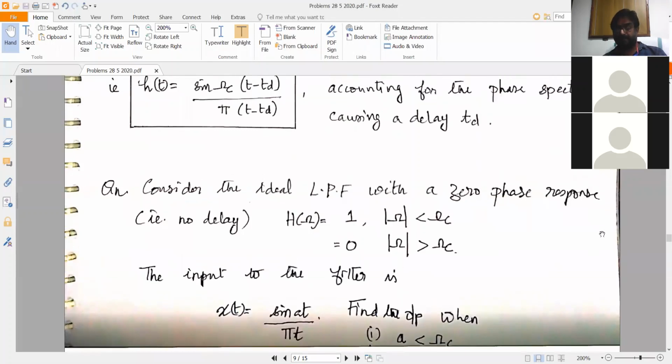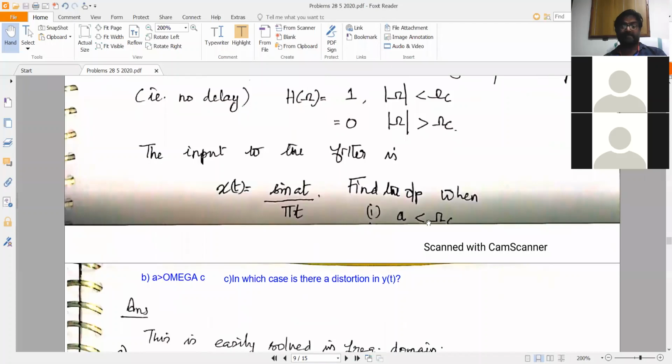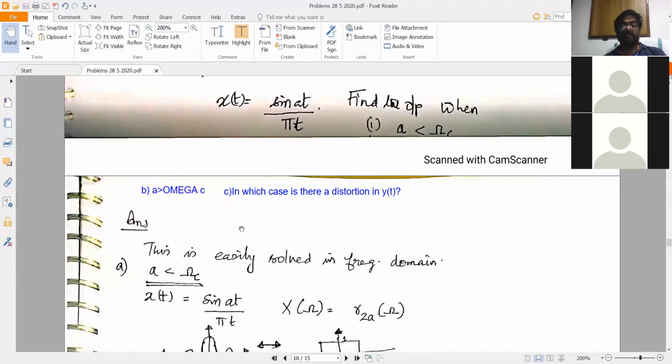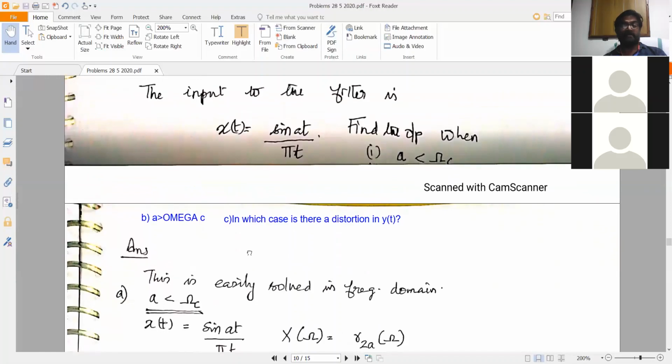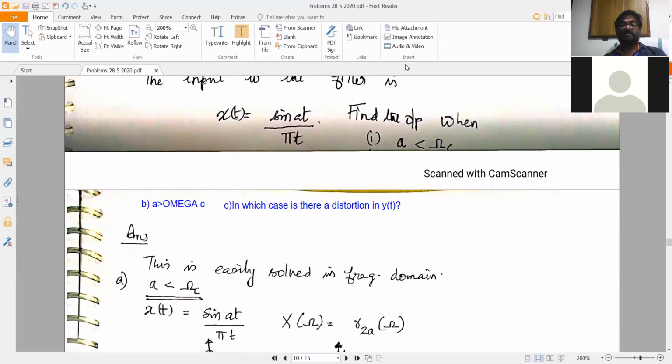So you have an ideal low pass filter. Omega c is the cutoff frequency. There is no time delay, so that is why you call this the ideal low pass filter with a zero phase response. Now the input to the filter is sin(at) by pi t, and you have two cases: the first is when a is less than omega c, and the second is when a is greater than omega c.